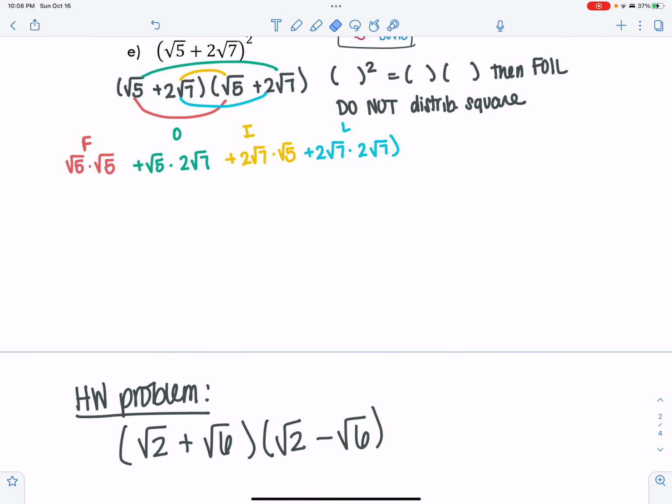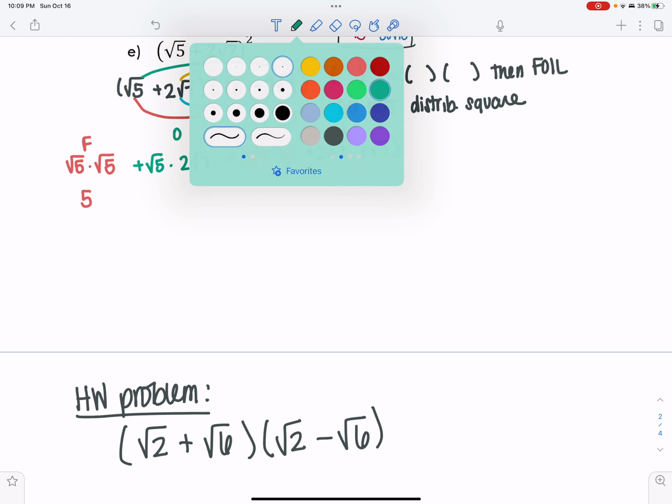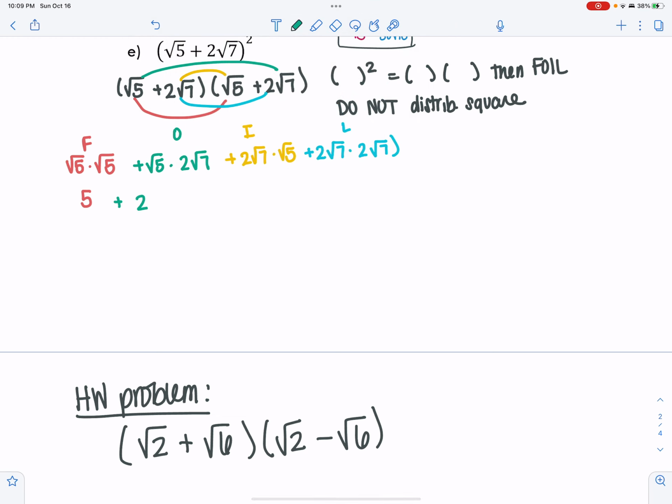Now I'm going to go through and simplify. First, square root 5 times square root 5 is the square root of 5 times 5, or 25, which is the square root of 25, 5. Outer, square root of 5 times 2 square root 7. I'm going to do a little rearranging, so that 2 is going to come up front. Then I have the square root of 5 times the square root of 7, which gives me the square root of 35. The inner 2 is going to stay up front.